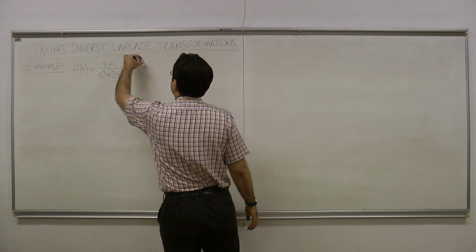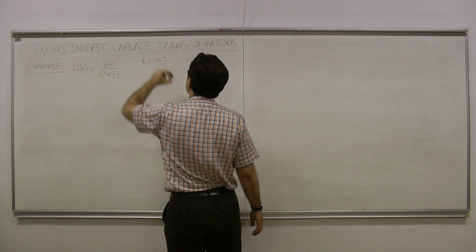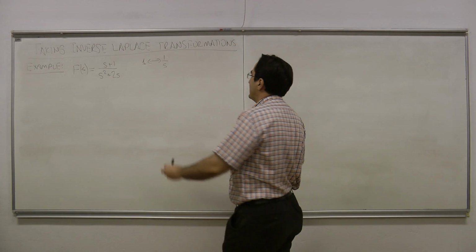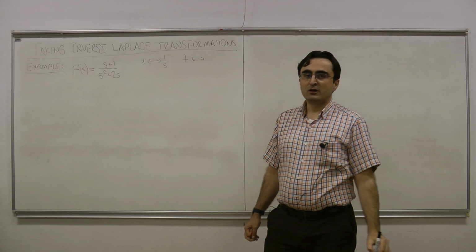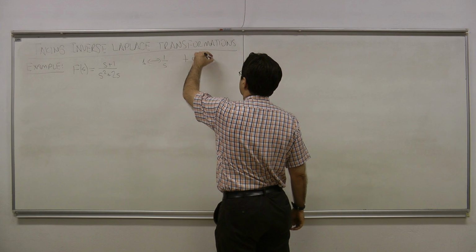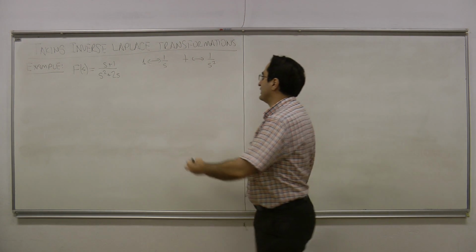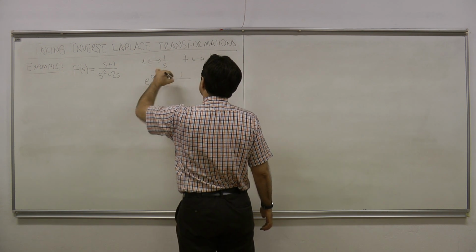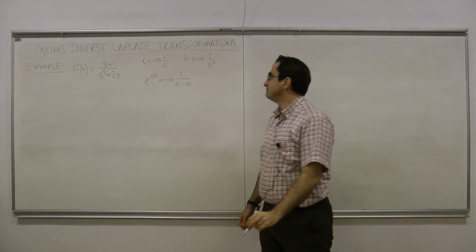We have seen, for example, the unit step function having Laplace transform 1 over s. Or we have seen t, the unit ramp function, with the Laplace transformation 1 over s squared. We have seen an exponential function e to the at. This has a Laplace transformation 1 over s minus a.